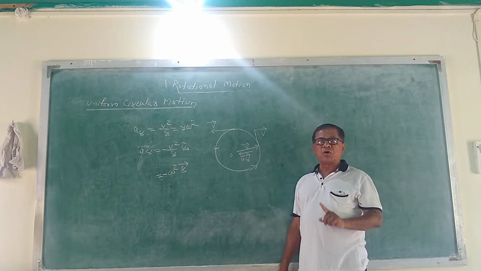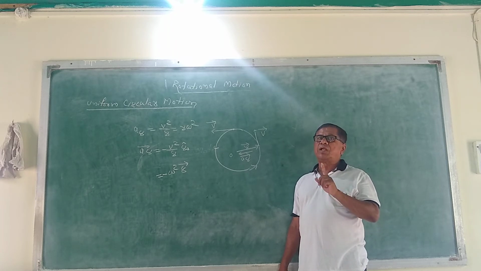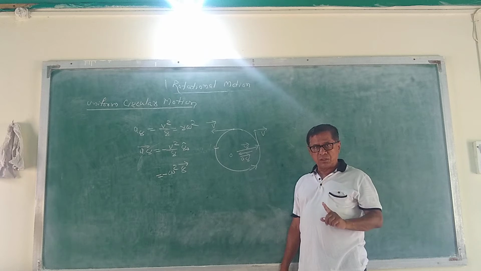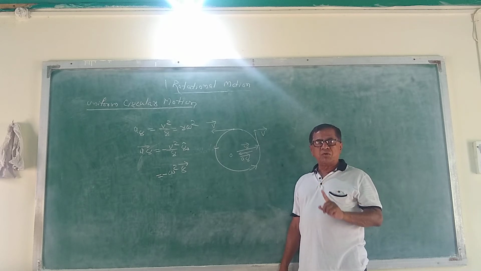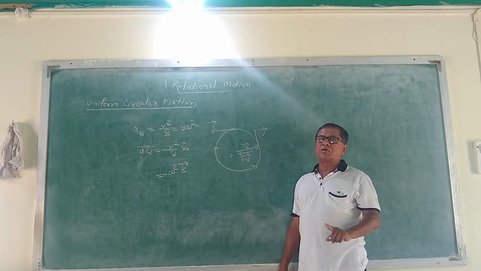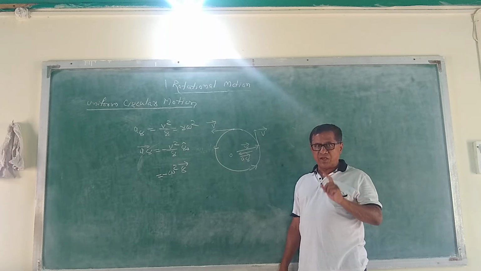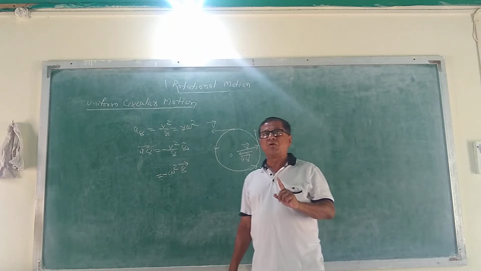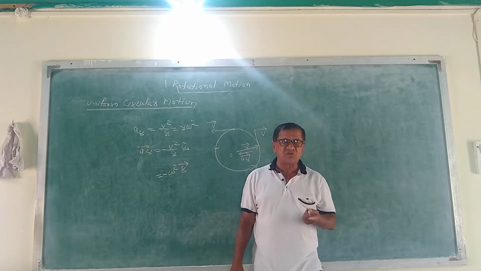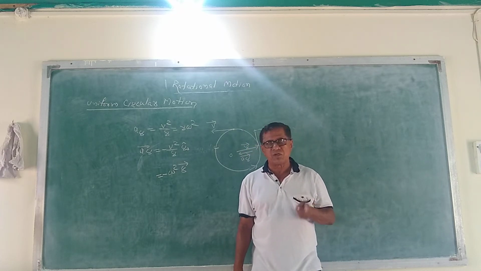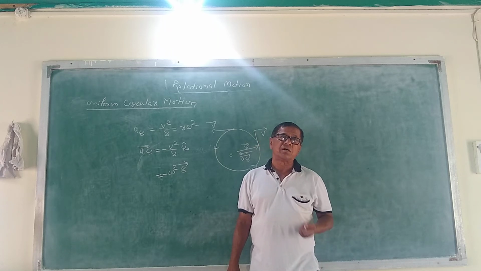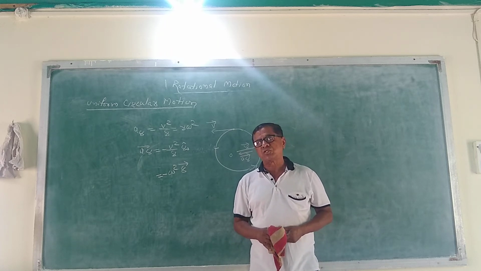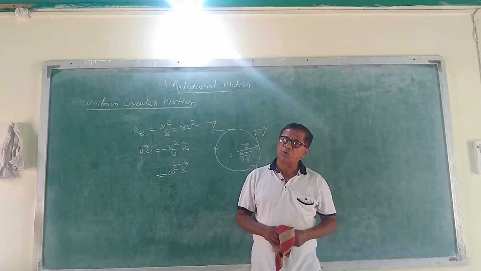In non-uniform circular motion, the speed is not constant. An example of non-uniform circular motion is whenever we start the fan, initially its speed goes on increasing. Again, non-uniform circular motion is the vertical circular motion.